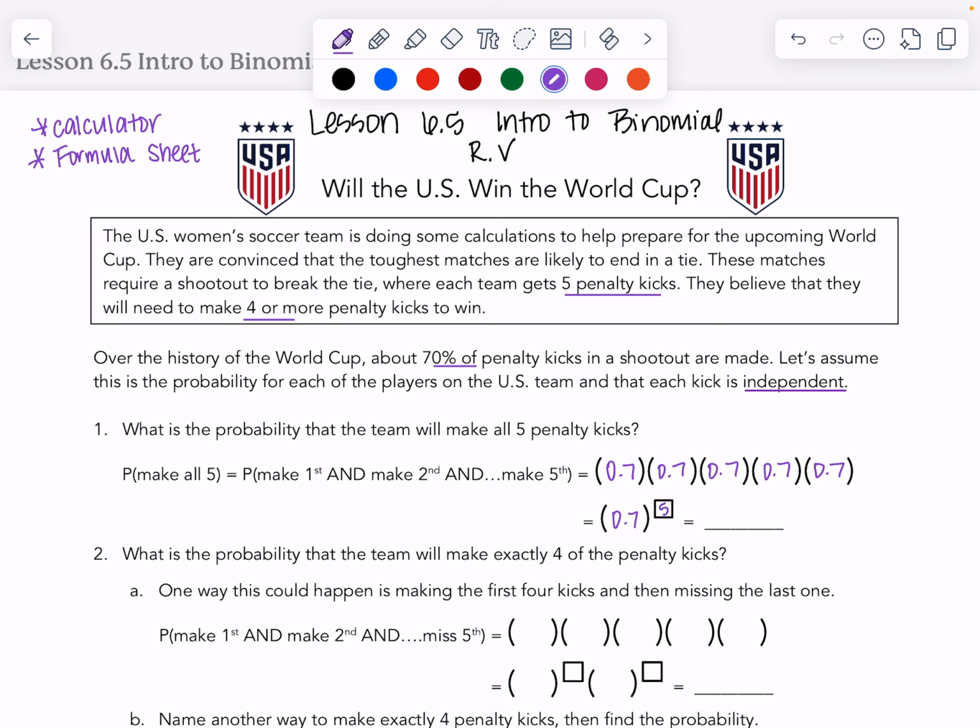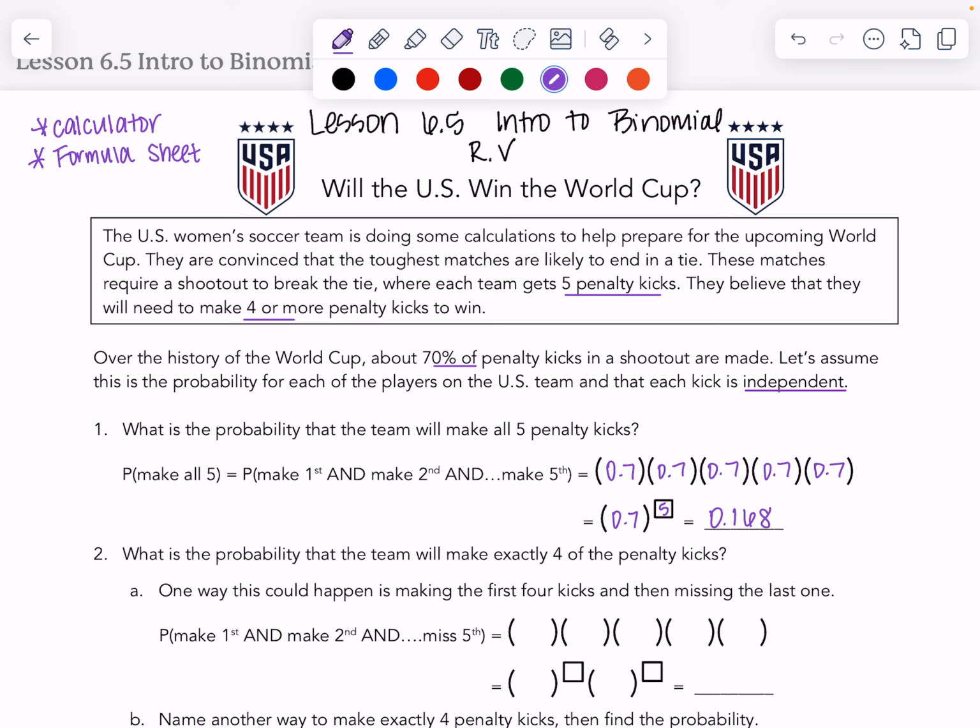If you do that calculation in your calculator, that would be about 0.168.